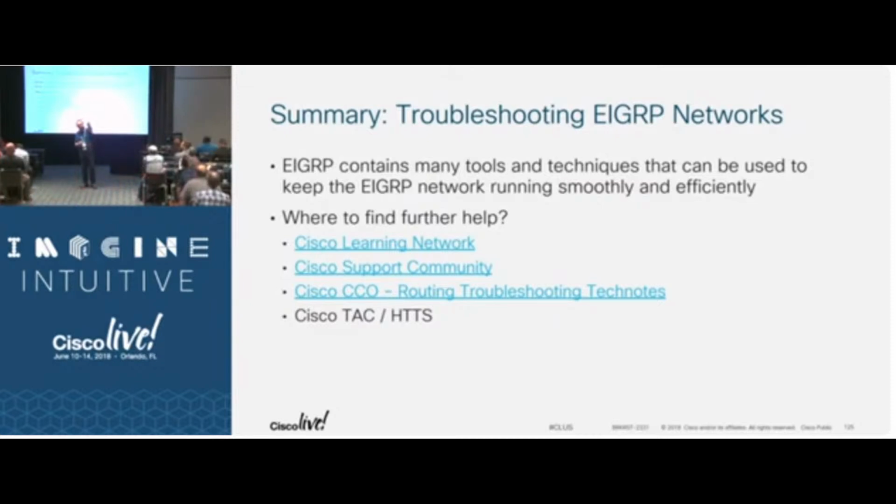We have designated VIPs there that help those people a lot. Please come there because there are wonderful people there who can help you if you have any kind of EIGRP problem. There is also a very nice list of documents on the CCO. These are all links. Lots of documents about troubleshooting different EIGRP problems, including the ones I have covered here. Hopefully, I have helped at least here as well.